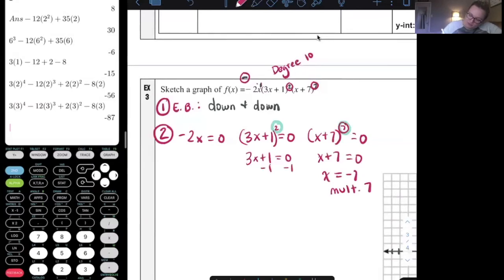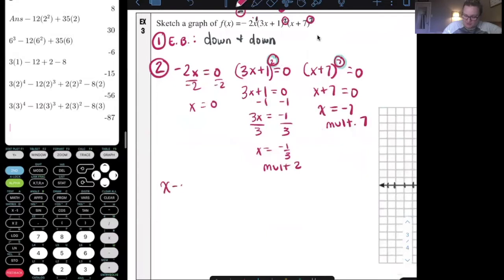Then subtract 1, divide by 3, and this happens multiplicity 2 because of this degree 2. Then this one is just x to the first, so it only happens once. So -2 divided both sides by -2, and you just get 0. So our x-intercepts, step 2, are at (0, 0), (-1/3, 0), or negative 0.33 repeating, and then (-7, 0).